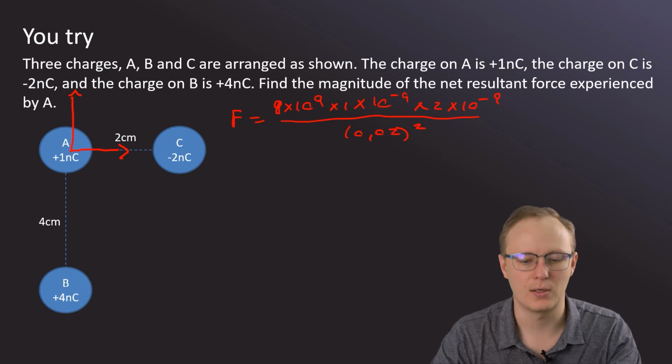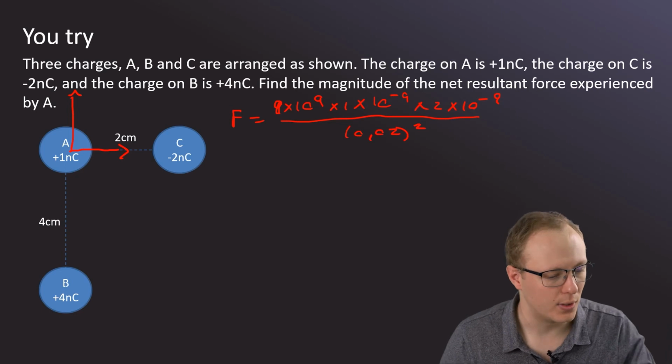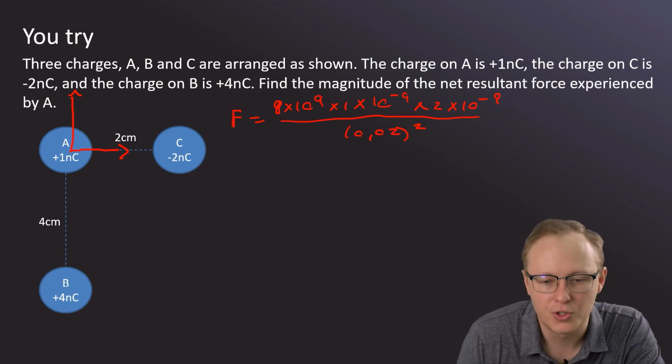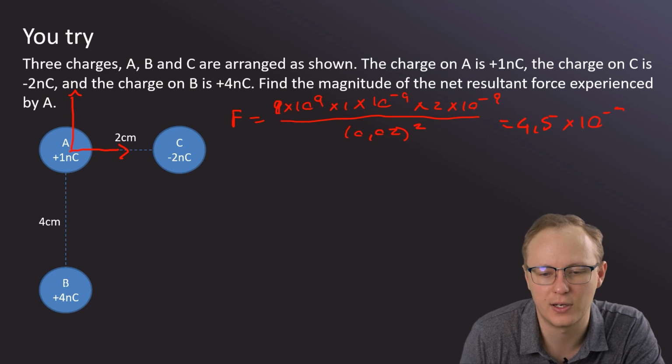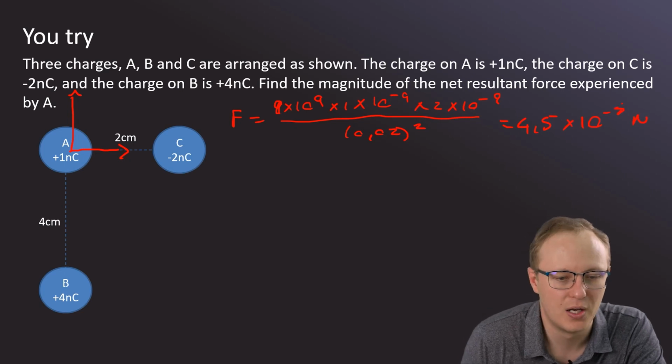Okay. Right, so if all went well, this should be the answer, which is then 4.5 times 10 to the -5 newtons. Okay, so that's then the magnitude of this force over here, which we know is towards the right.